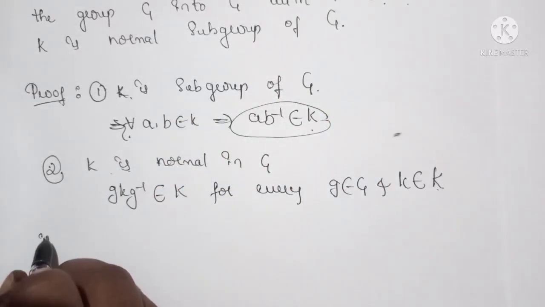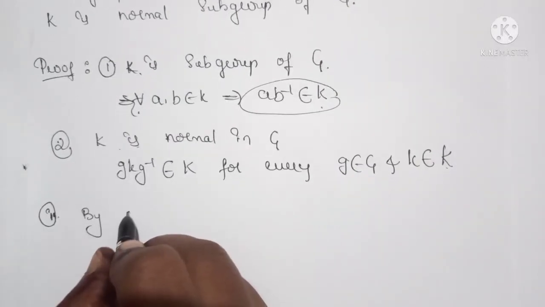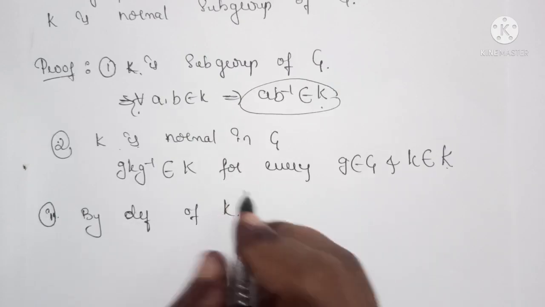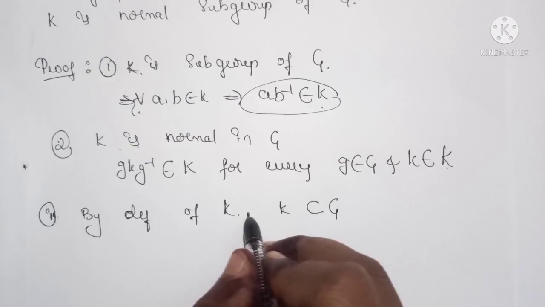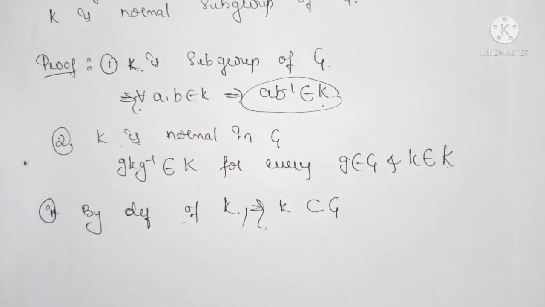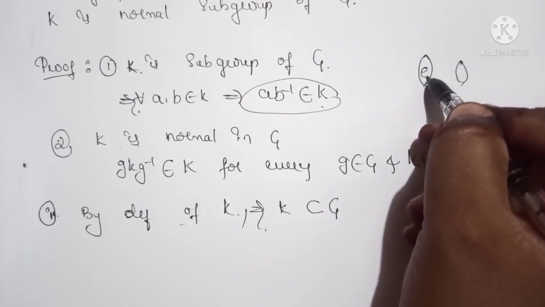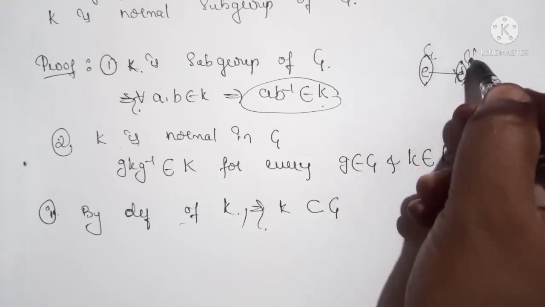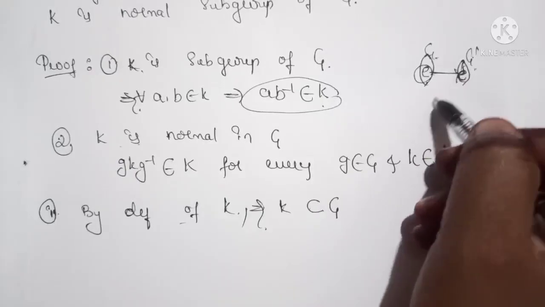First one, by the definition of kernel K, we know that K is a subset of G. This is by the definition of K. Also we know that for a homomorphism, the identity element always maps to the identity element of G dash. If we have a homomorphism from G to G dash, then the identity element maps to the identity element of G dash.